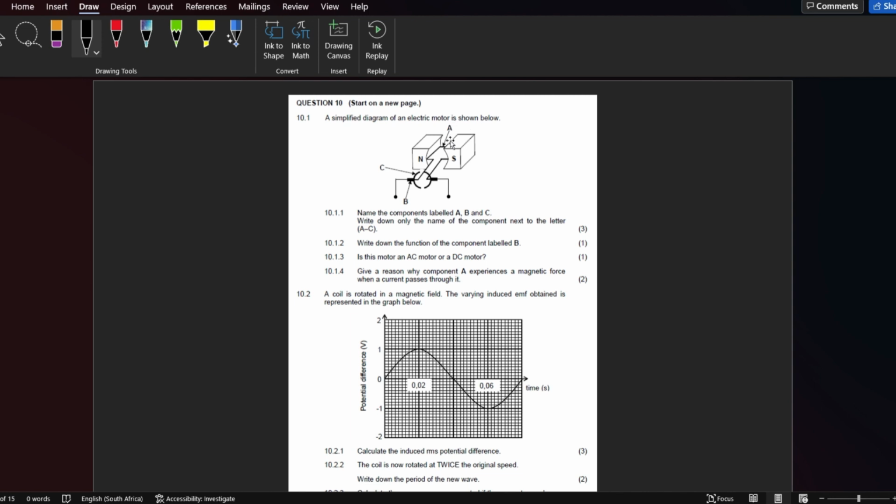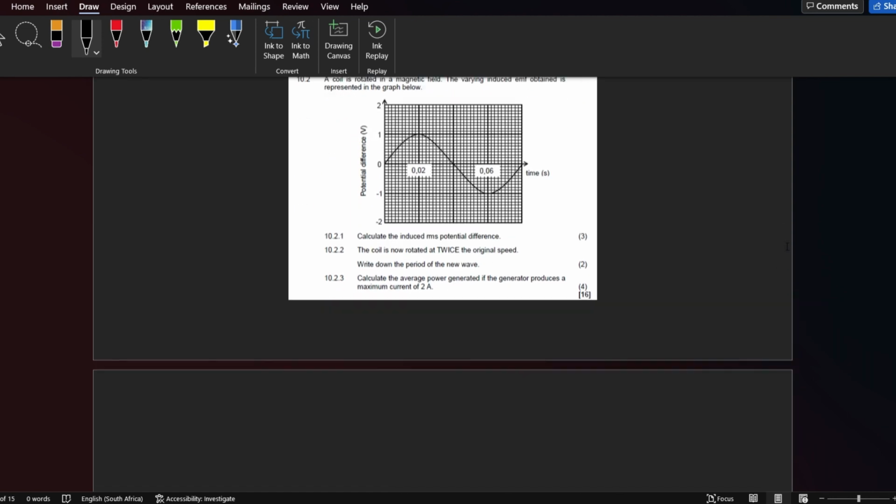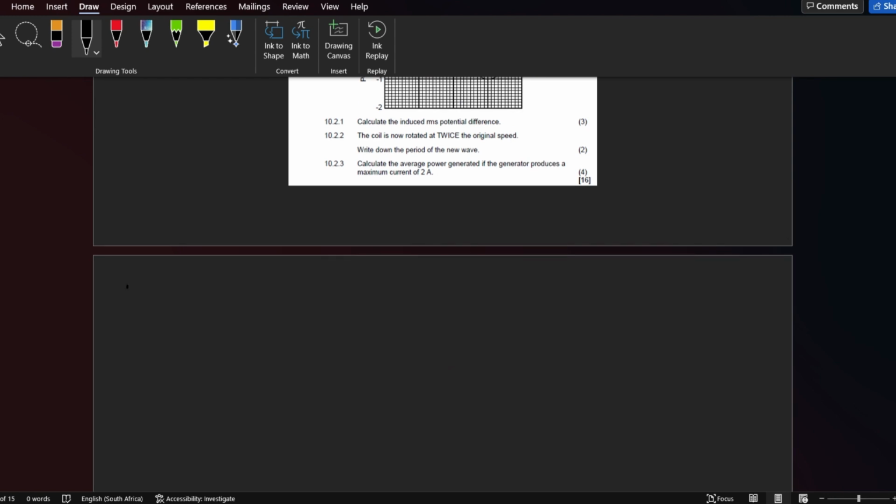So A will obviously be our magnetic coil or our wire coil. Component B will be our carbon brush, and component C will be our split ring commutator. So let us write that down quickly. 10.1.1.